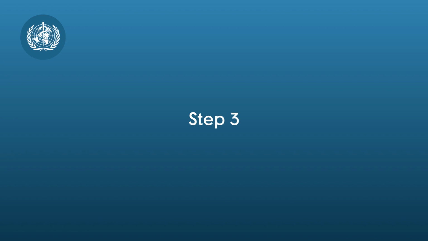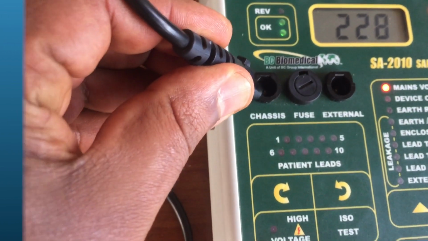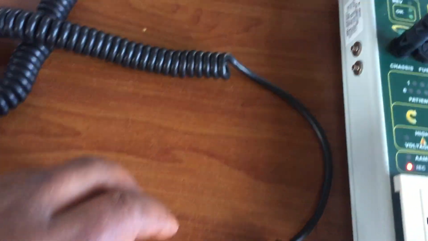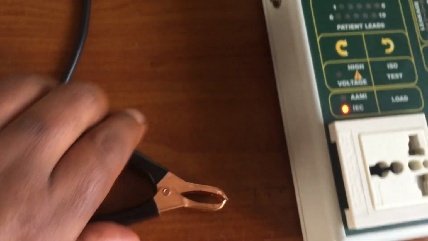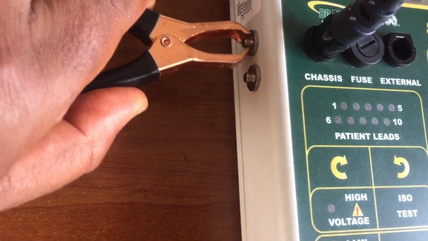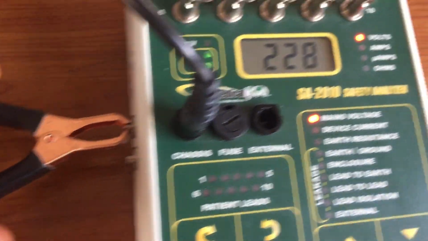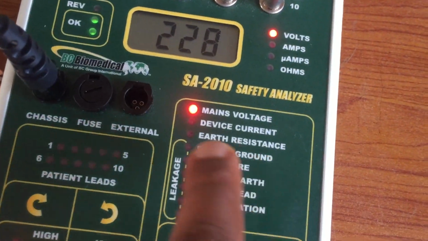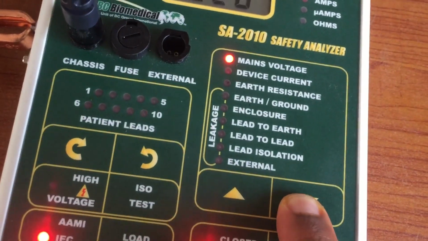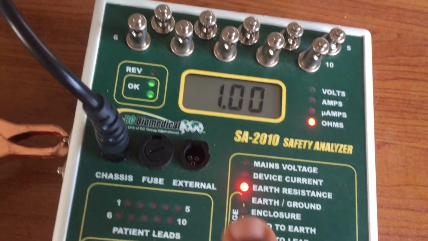Step 3. Plug in the chassis cable at the chassis connection on the analyzer. Before we connect the chassis cable to the device under test, we will use a self-test to verify that the electrical safety analyzer is working properly. There are 2 snaps on the side of the electrical safety analyzer that you will connect to each end of the chassis cable.